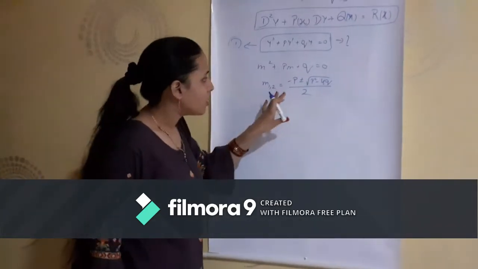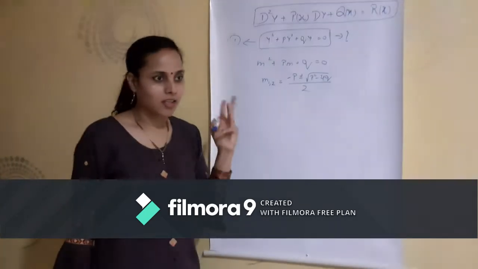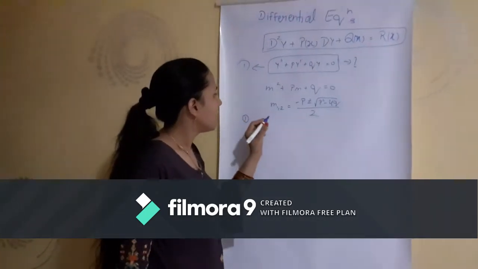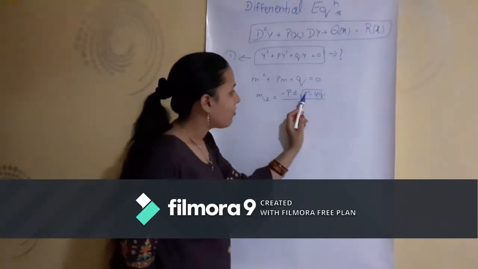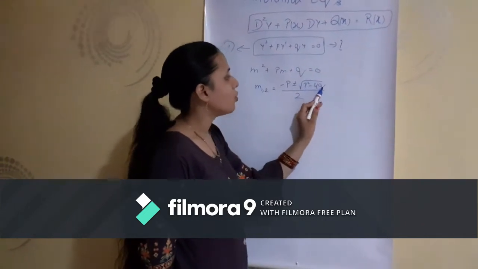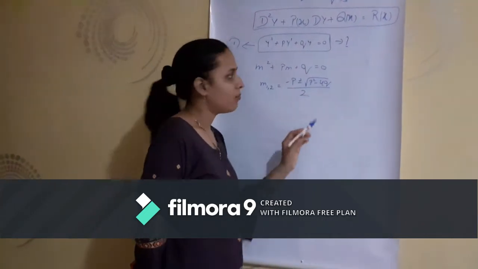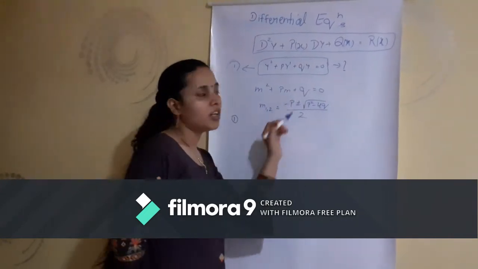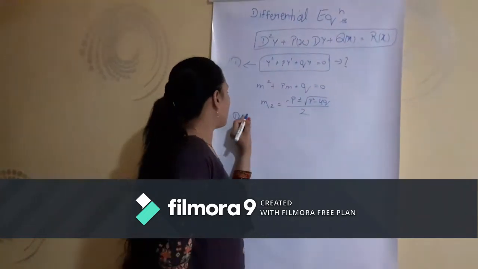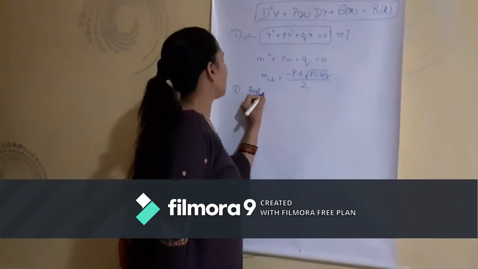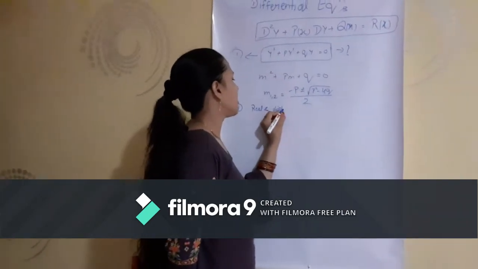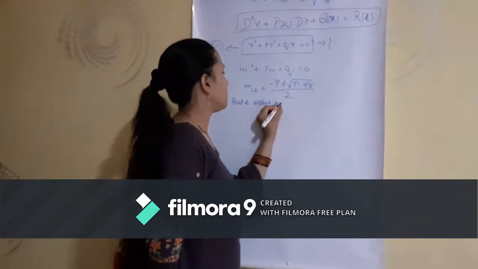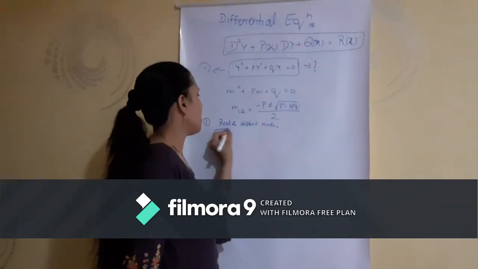So now from this we will have three cases. Very first, if we have p^2 - 4q greater than 0, that means this is positive, then we have m1 and m2 two different roots, that means real and distinct roots. This is the first case.